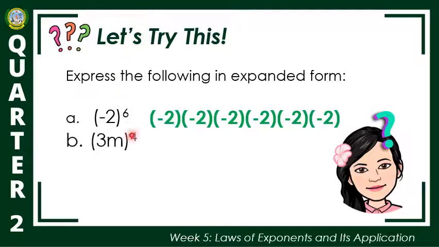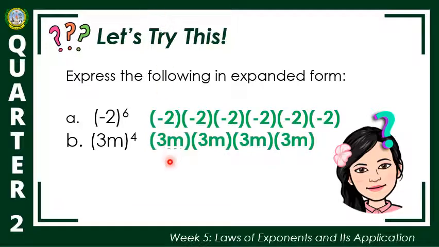Next, what is quantity 3m raised to the 4th power? So, that means that we multiply 3m by itself 4 times. So, paano po yung isulat? 3m times 3m times 3m times 3m. Ganun lang po. Next, what is quantity AB raised to the 3rd power? Or the cube of AB.